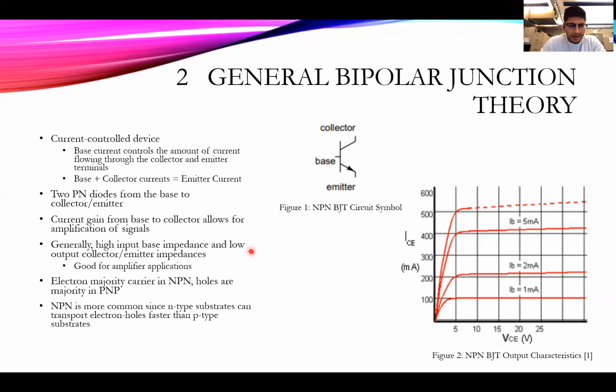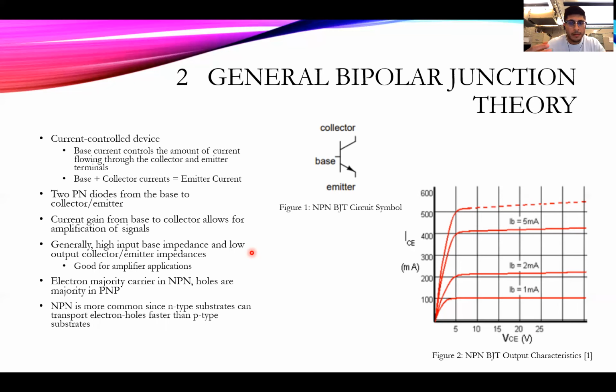Another note is that generally, if we say we have a common emitter, what that means is the emitter is grounded, we're taking our input going into the base, and output at the collector. We can even ground the collector and take the output at the base as well.